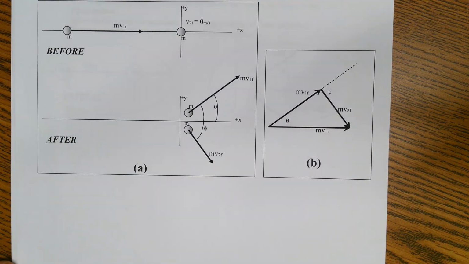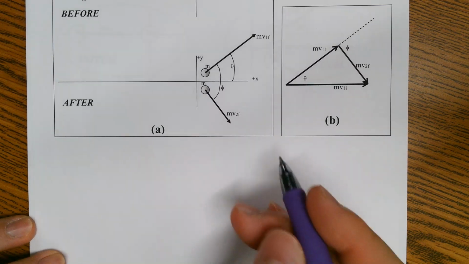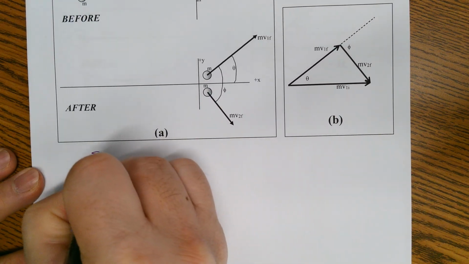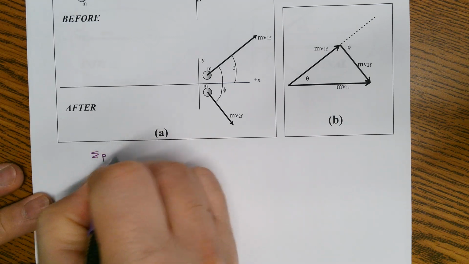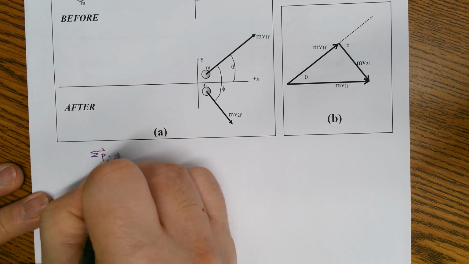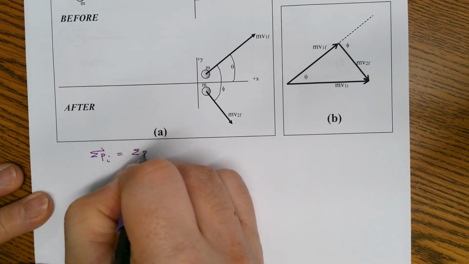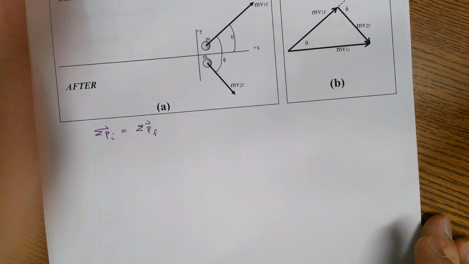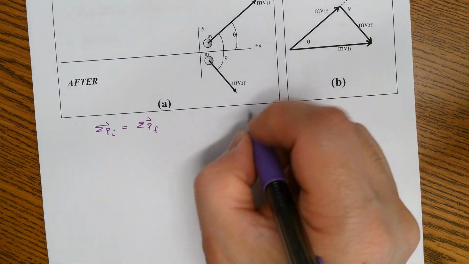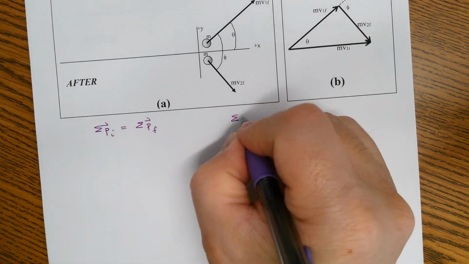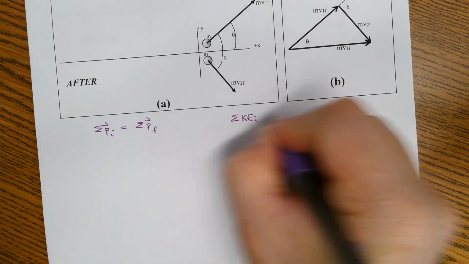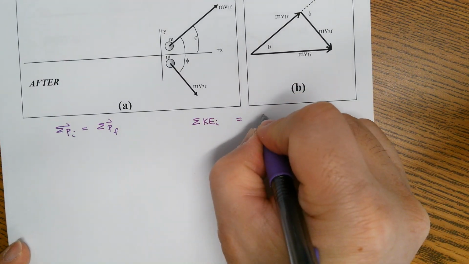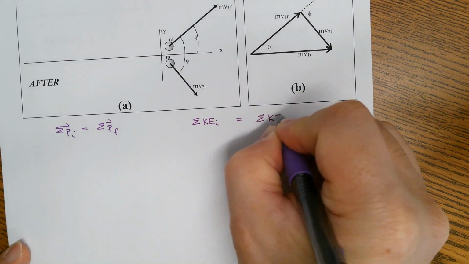And how can we prove that? Well, we know that the sum of all momentum initial must equal the sum of all momentum final. Okay? We also know the sum of all kinetic energy initial must equal the sum of all kinetic energy final.